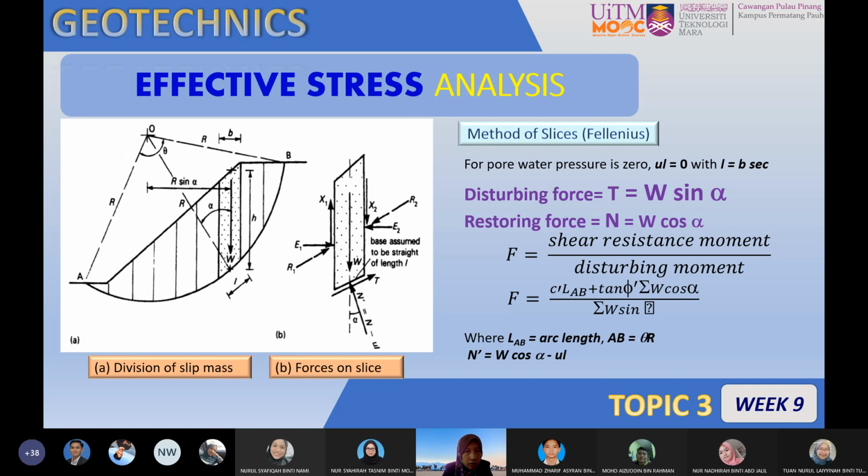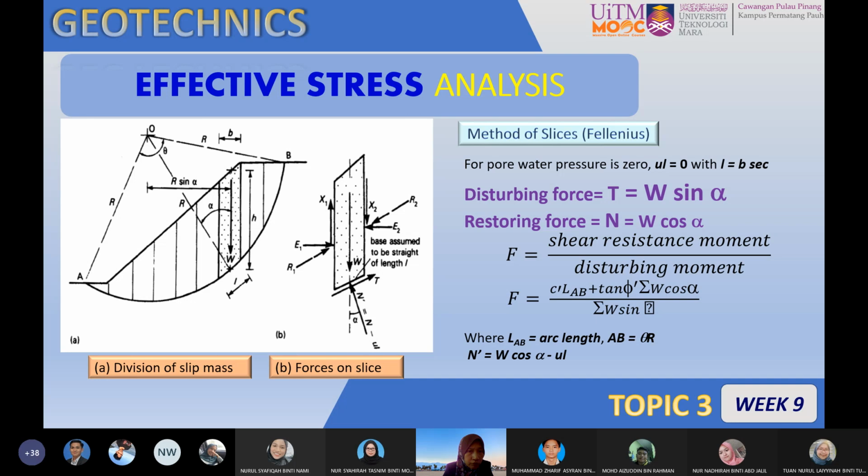So all those component interslice forces are deriving to form a FOS formula. The FOS is equal to effective C, C L AB, plus tangent effective Phi summation W cos alpha over summation W sin alpha.